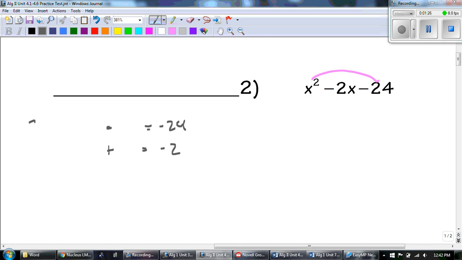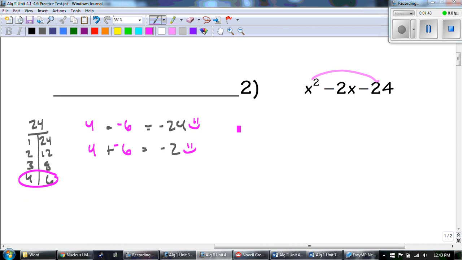All right, 24 has a ton of factors. 1 and 24, 2 and 12, 3 and 8, 4 and 6. The only way to get to 2 is with 4 and 6, and the 6 needs to be negative. Make sure it works for both, and then we can split that middle term.